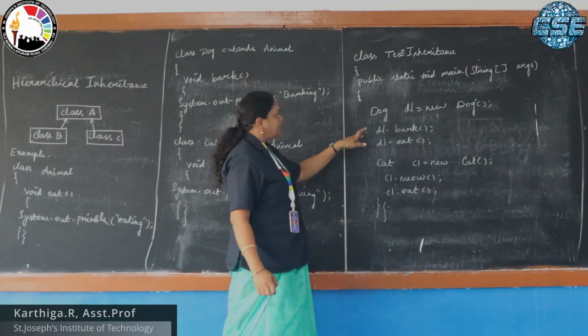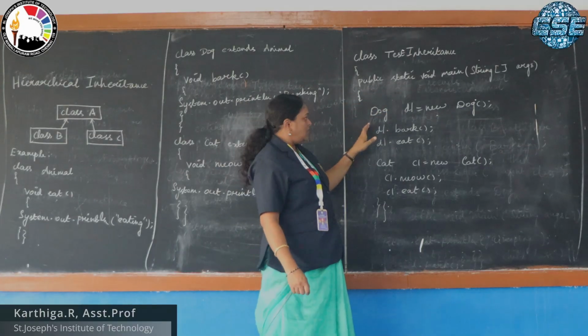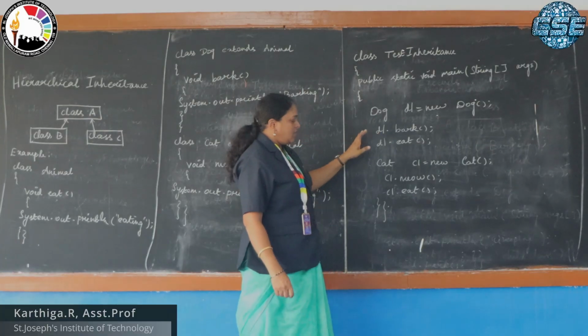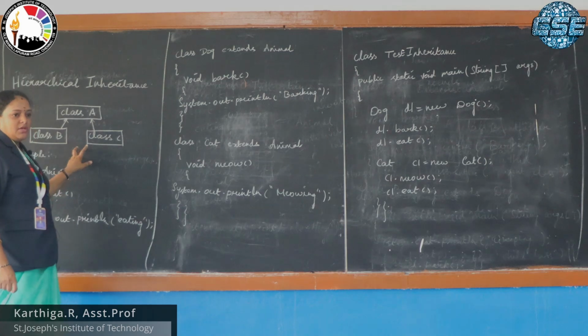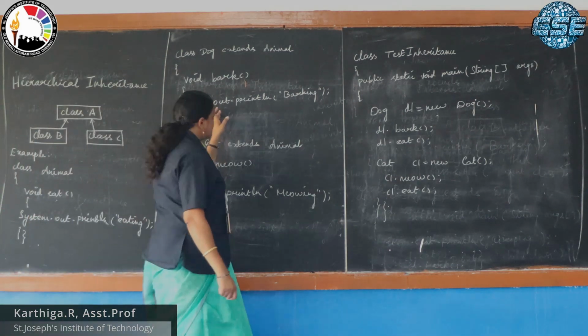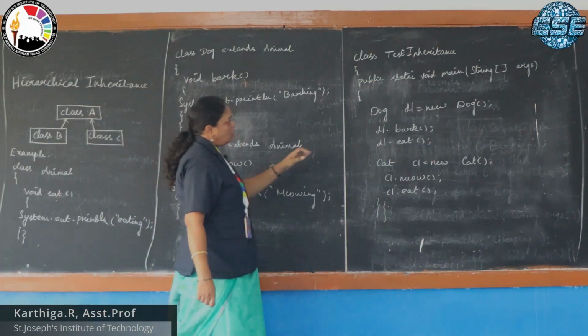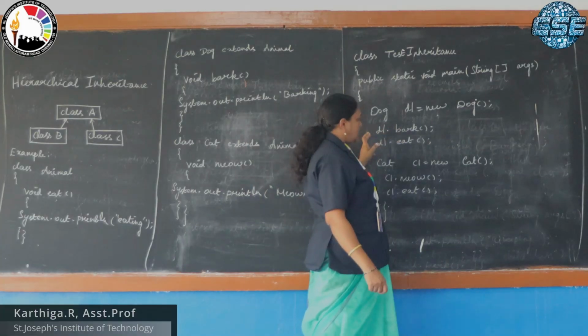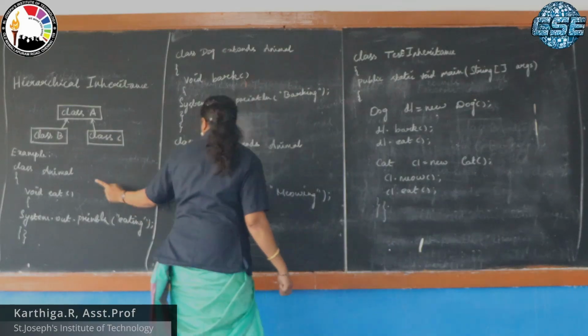So here the main class, public static void main. Here the objects are created for these two child classes, which can access the parent class. Here Dog is class B and Cat is class C. So B can access the data members and methods present inside the parent class Animal.